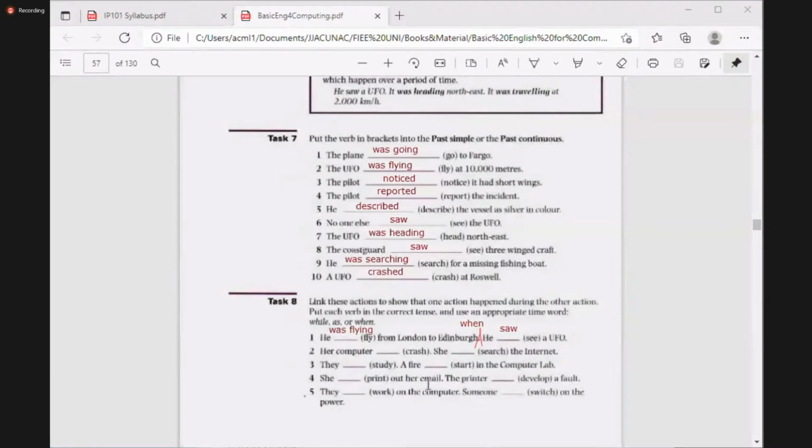They were studying when a fire started in the computer lab. She was printing out her mail, and the printer developed a fault.